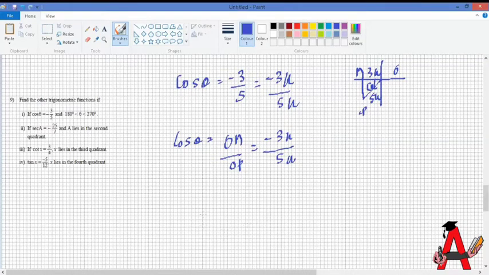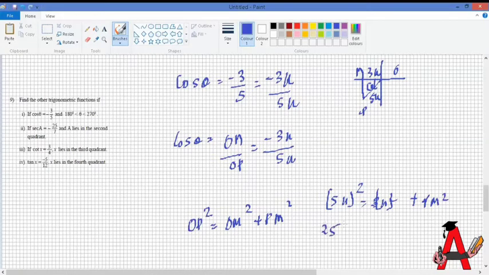Now, if I take a right angle triangle OMP and try to use Pythagoras, I'll get OP square is equal to OM square plus PM square, which is 5k square is equal to minus 3k the whole square plus PM square.